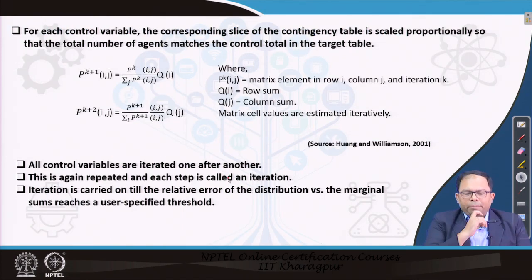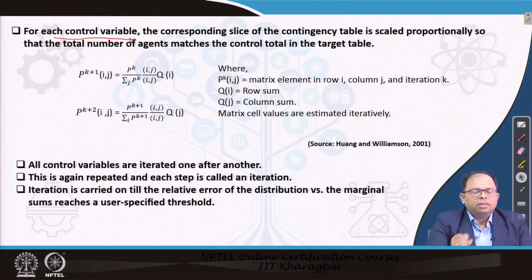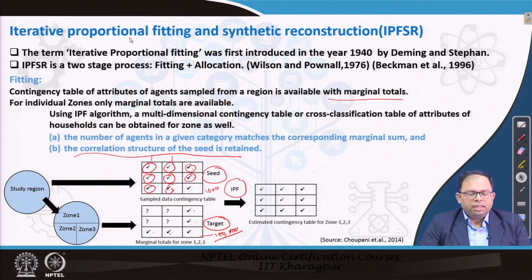In the IPF algorithm, for each control variable, the corresponding slice of the contingency table is scaled proportionately, so the total number of agents matches the control total in the target table. There are a few things that we need to be careful about. For each control variable in a contingency table, like in the previous one, this is one control value, this is another control value, these are the row values, and these are the column values of the control.